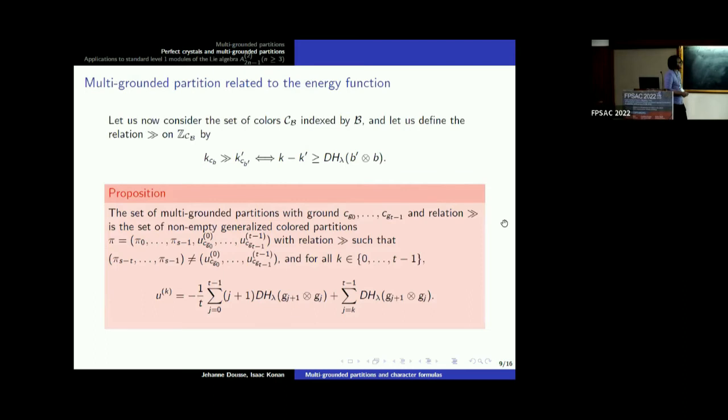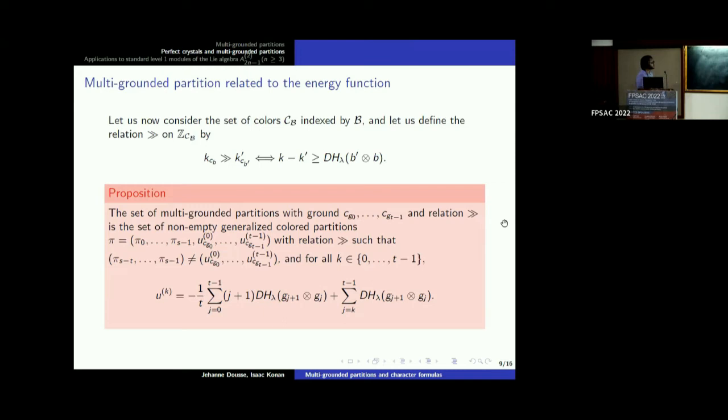So with this assumption, we have that, by considering the set of colors to be the set indexed by the crystal, and the relation defined by this difference according to our normalized energy function, the multiset of ground partitions according to this relation is the set of non-generalized color partitions, which end by these t color integers in such a way that we have this relation that we have in the definition of multi-ground partition.